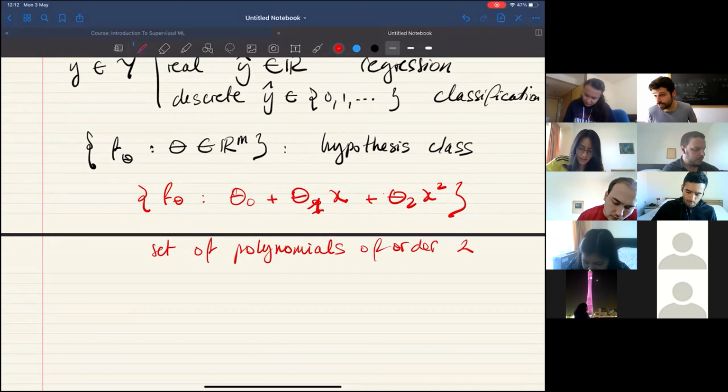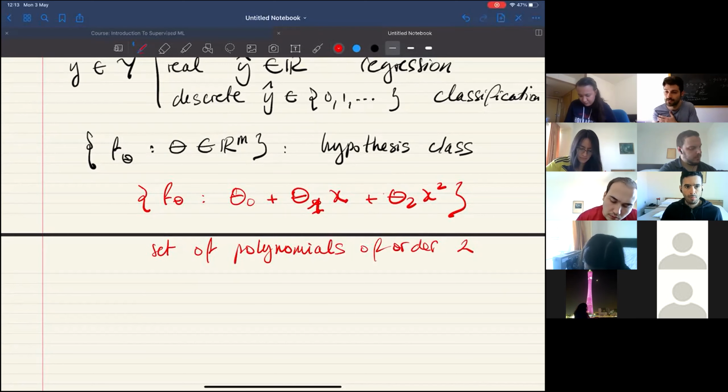A neural network is a hypothesis class. We will write down at some point formally what a neural network is. I don't want to write it here, but a neural network is actually just a function at the end. It takes an input and spits out an output. This neural network has a feed-forward structure in layers like this.